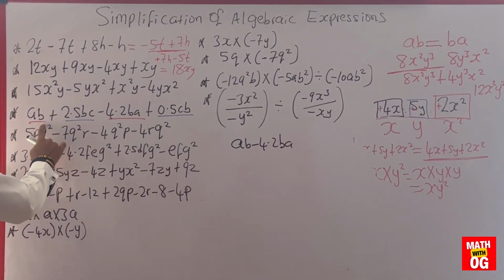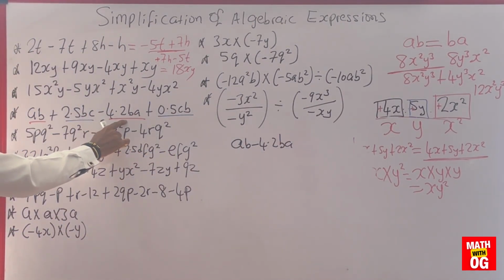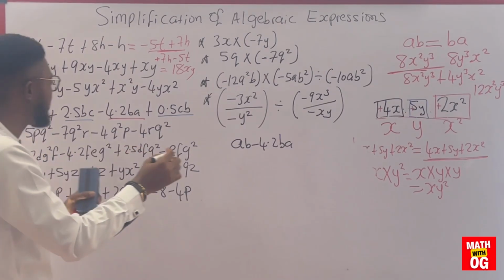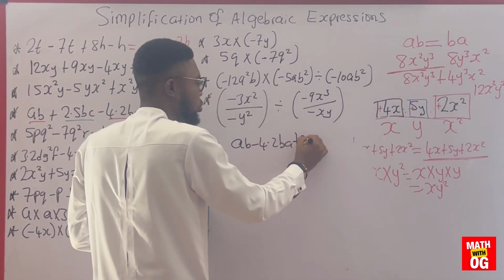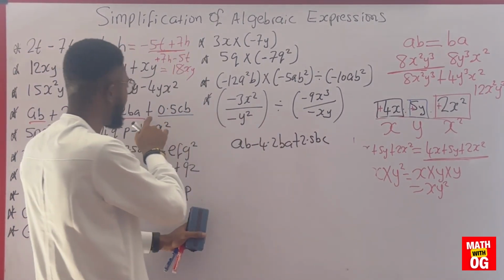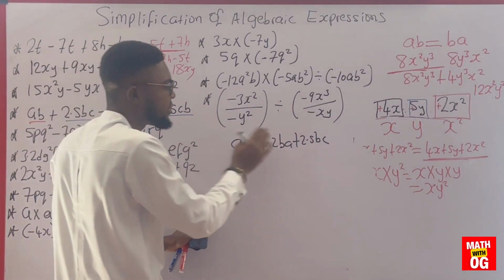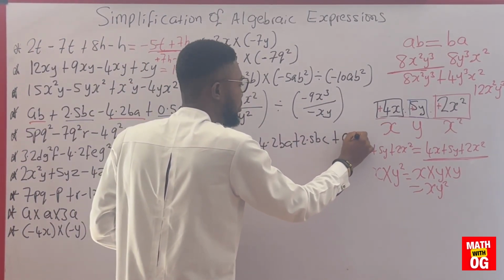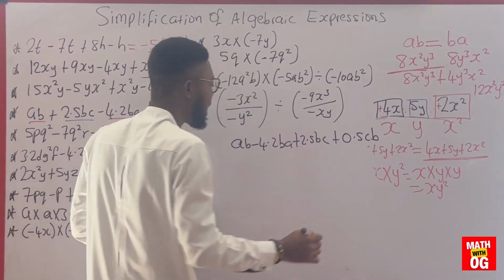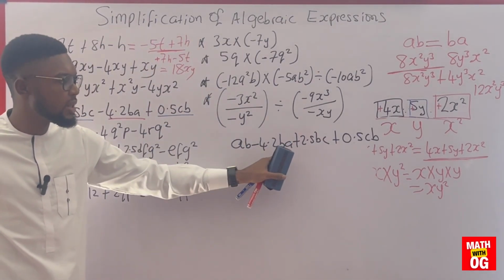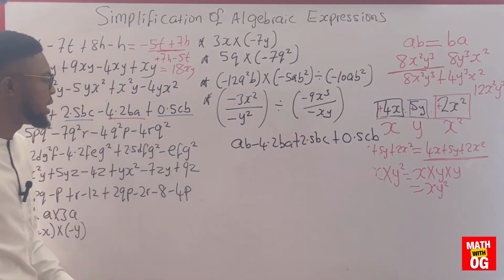So I've collected AB and I've collected minus 4.2 BA. Then I have a positive 2.5 BC plus 2.5 BC. Then lastly, I have a positive 0.5 CB. Now we've agreed that AB and BA are the same, and BC and CB are the same.